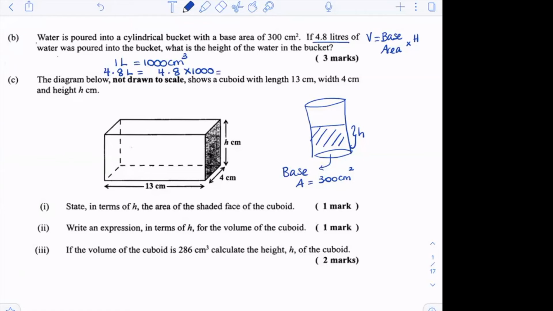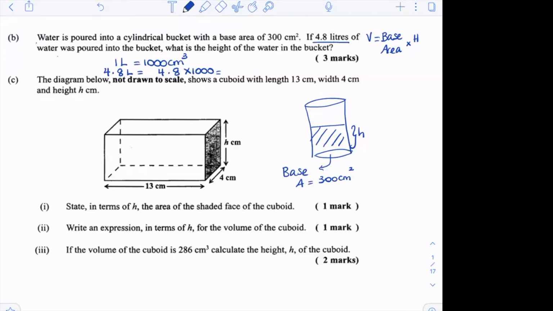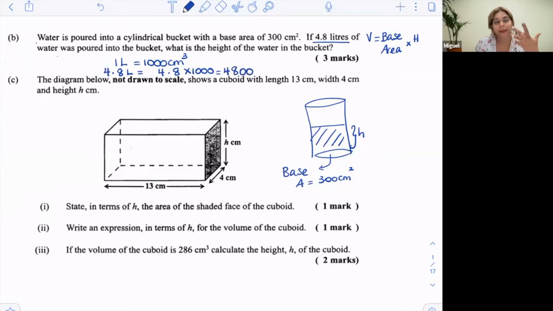All right. Let's go, 4.8 by 1,000. What's the answer? 4,800. So you are expected to know to change liters to centimeter cube. So now the volume is 4,800. The base area is 300 and we want to find the height. So we divide both sides by 300.